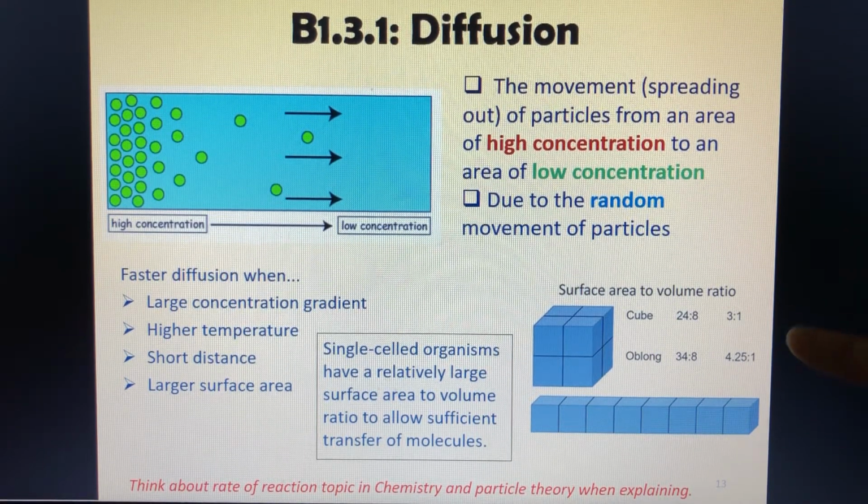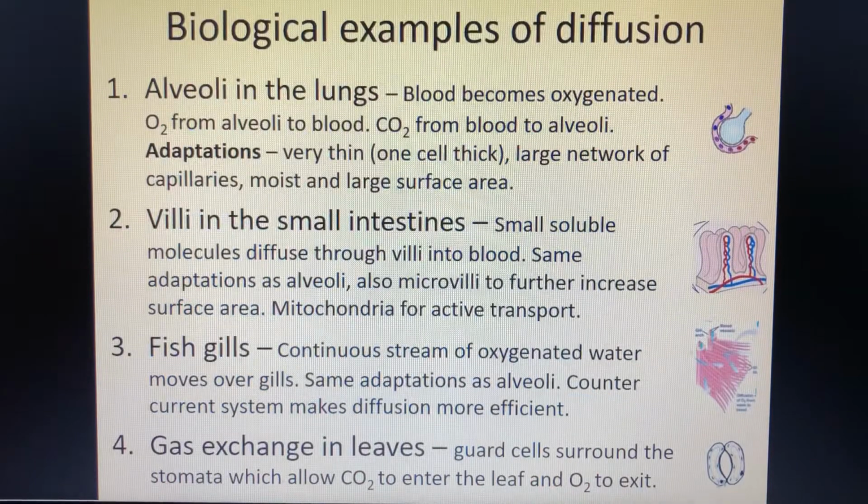And we've simplified it so the cube has a surface area to volume ratio of 3 to 1, whereas the snake has 4.25 to 1. So what this is saying is that for its volume, it has a larger surface area than the cube. So therefore, it's more likely to have substances diffuse a lot faster through it. And also it links in with heat loss in animals and that kind of thing as well. One to look out for.